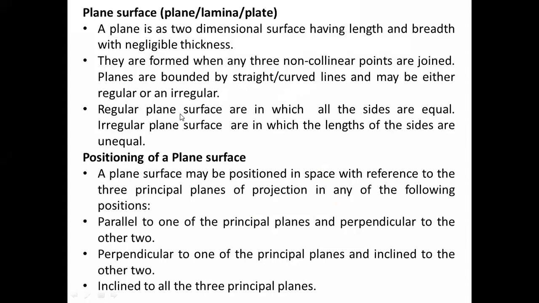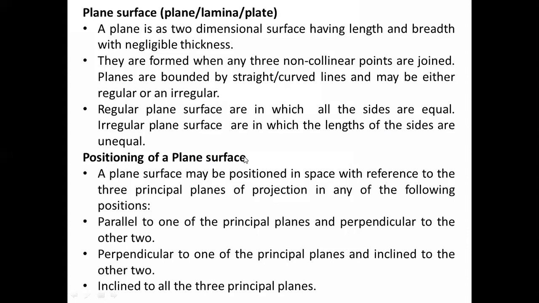Okay. So now irregular plane surfaces are those in which the lengths of the sides are unequal. Fine. And position of the plane. Now pay attention everyone. We saw projection of a point. Then we saw projection of a line. And now we are seeing projection of a surface.